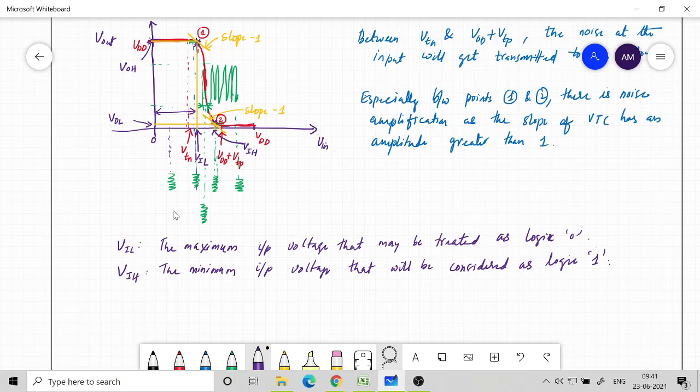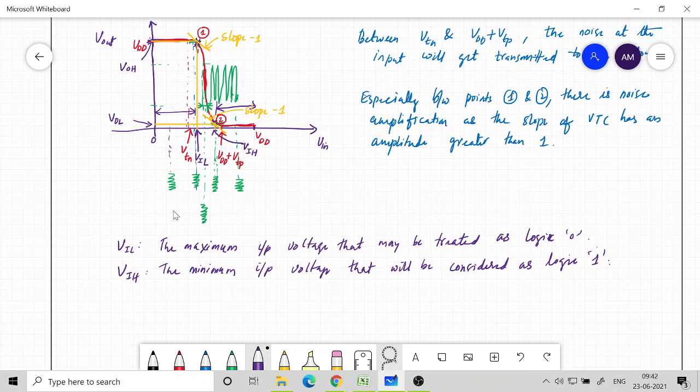You can see here, from here to VDD, is this range. But in between these two there is a range where it is uncertain. We do not know; noise plays an important role and gets amplified. So we need to avoid that region.